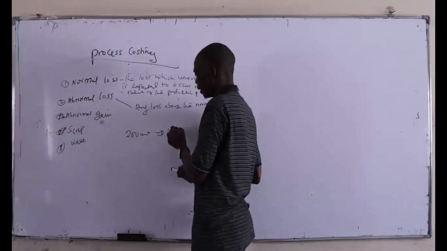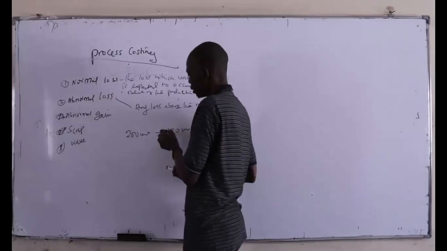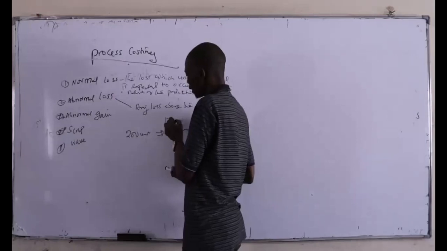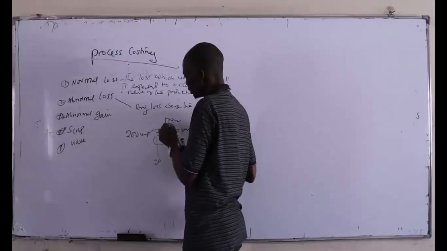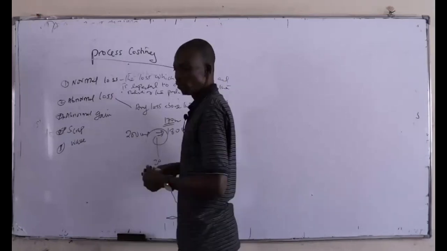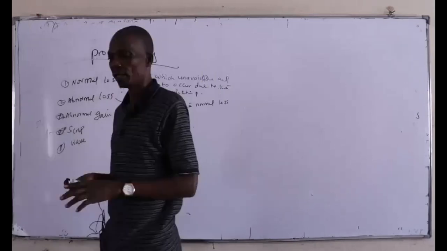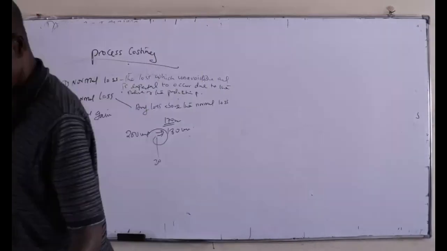But if we only get 170 units, then you can see initially the normal loss was 20, but now we have lost 30. So the difference between the actual loss and the normal loss is that which we are referring to as the abnormal loss.